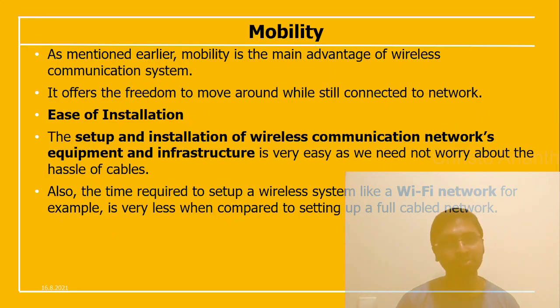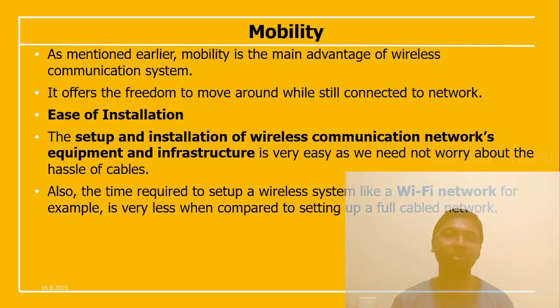And in the case of mobility, that's an advantage that you will enjoy with wireless communication. You can freely move around while still being connected to the network. If you are going to another network, that also gets connected. And ease of installation: setup and installation of wireless communication networks, equipment, and infrastructure is very easy.